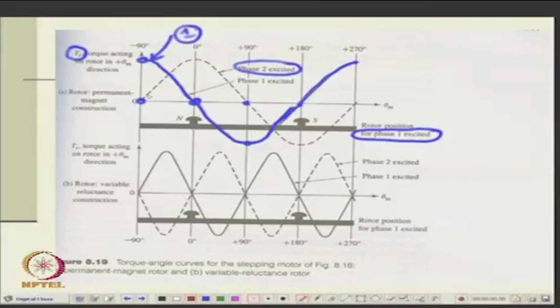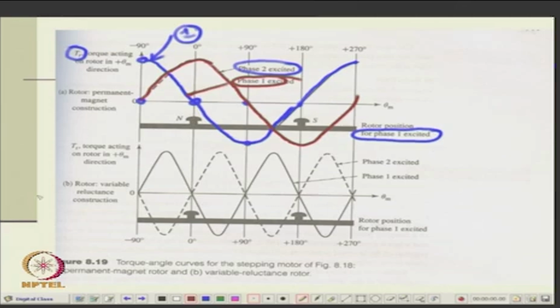Now, this is phase 1 and phase 2 excited, it will have another curve. This is with a rotor permanent magnet, with phase 2 excited. So, this is the rotor permanent magnet.